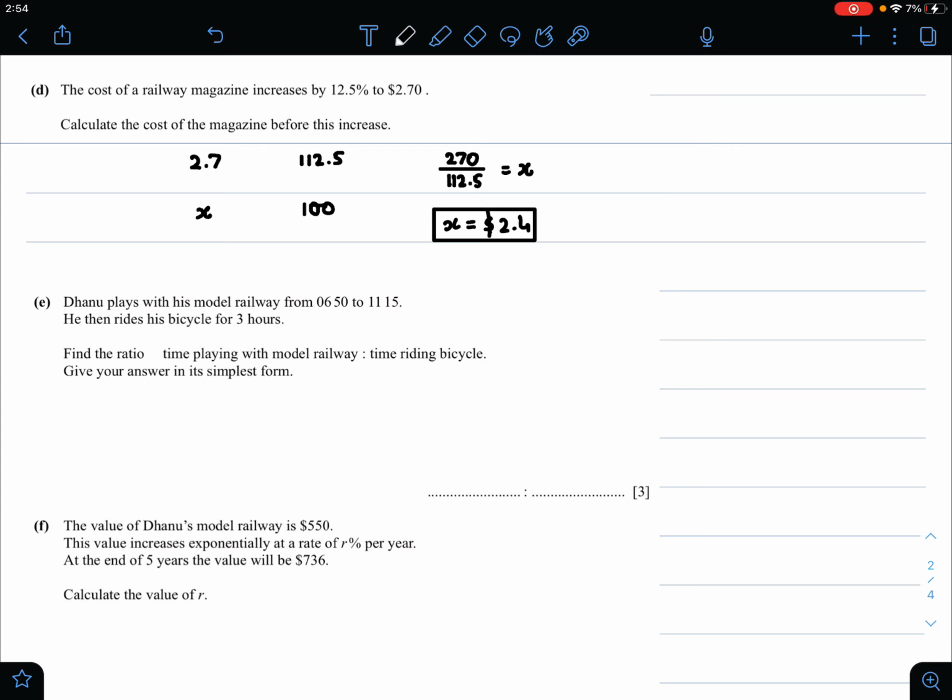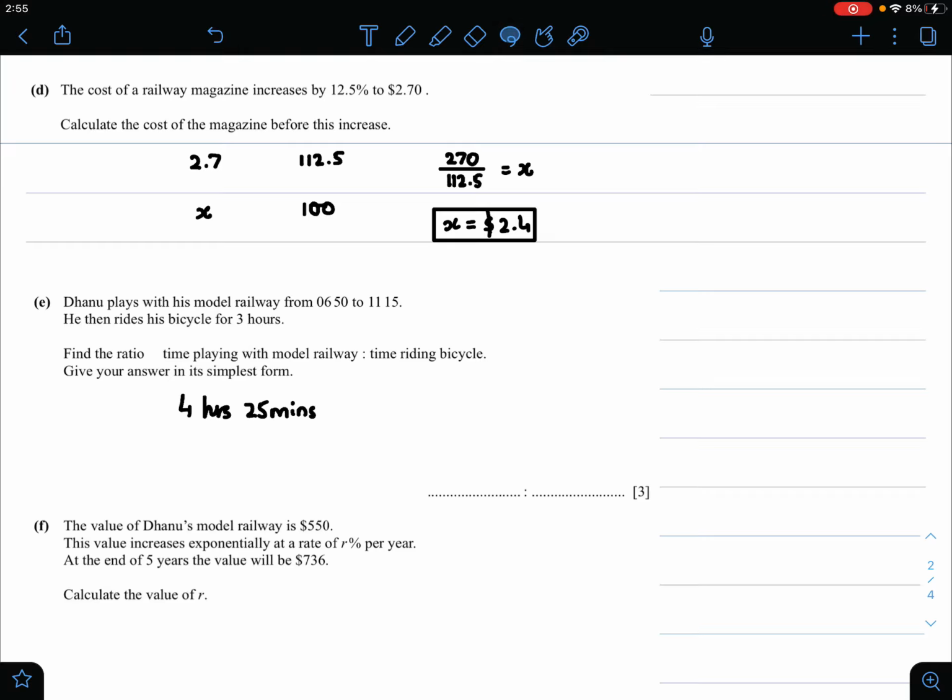Find the ratio of time playing with the model railway to time riding bicycle, and give your answer in its simplest form. Okay, so let's calculate the time he plays with the railway model first. From 6:50 to 11:15, that would be 4 hours and 25 minutes.